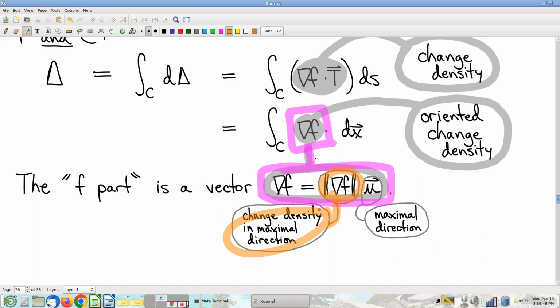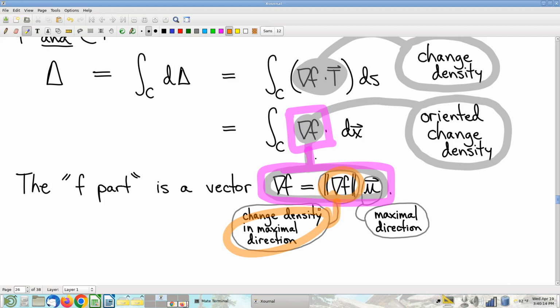Now, asterisk, how fast the function is actually changing depends on which direction you're going. If you're walking sideways on the side of a mountain, you're not getting a lot of change of altitude. Fair, right? So when I say the magnitude tells you how much the function's changing, it's telling you how steep the mountain is in the uphill direction, of course.